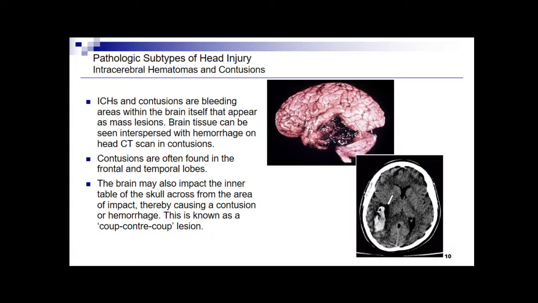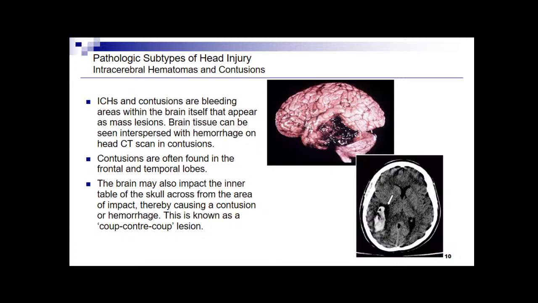Contusions are often found in the frontal and temporal lobes, depending on the frequency of localization of the head trauma. Frontal and temporal lobes are the most common places of head damage.